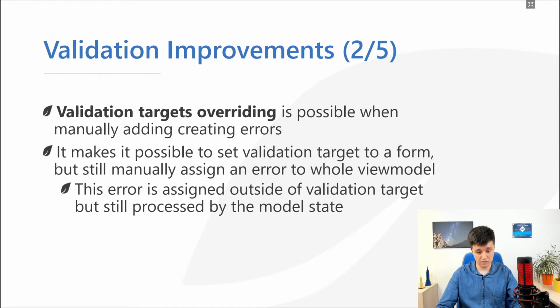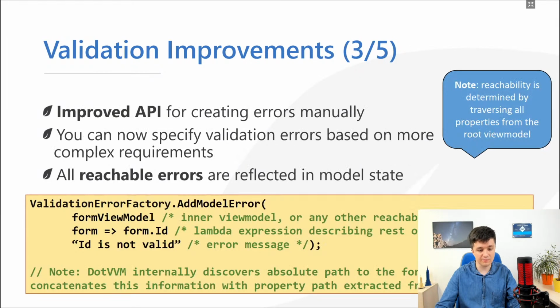So new property paths and overriding validation target when manually adding validation errors. So what is the next change that we did? We also improved API for creating and adding errors to model state.